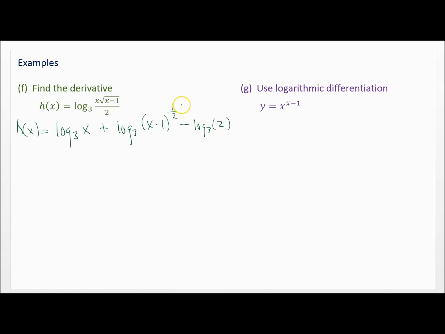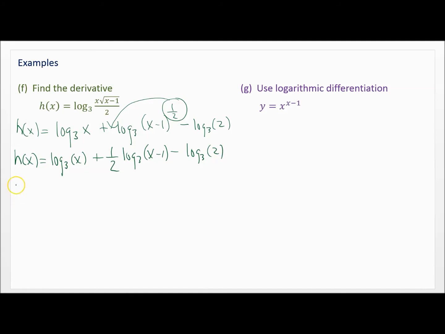One more thing, this 1/2 can be moved in front of that logarithm. So no derivative yet. h of x is log base 3 of x plus 1/2 log base 3 of x minus 1 minus log base 3 of 2.